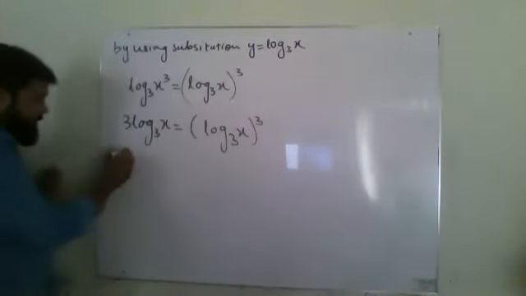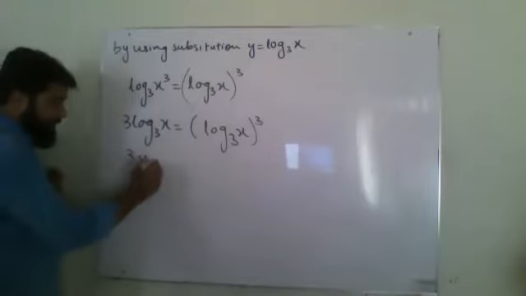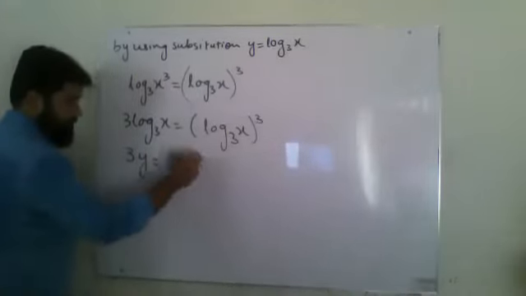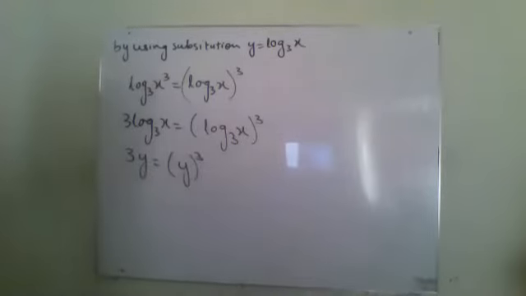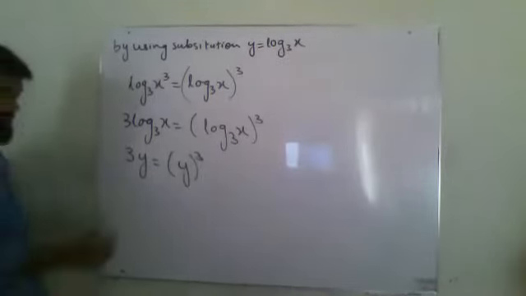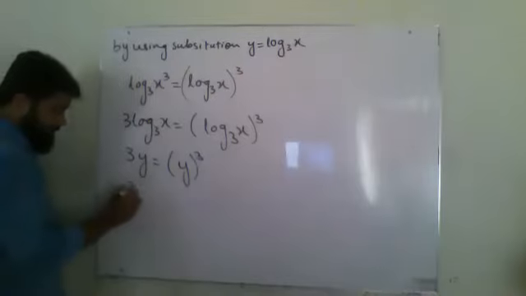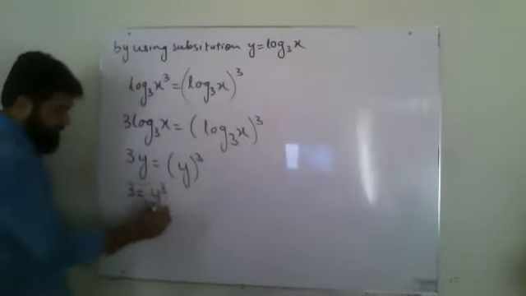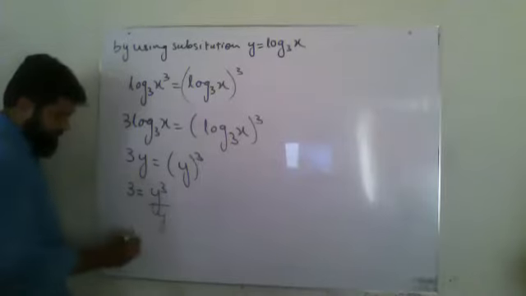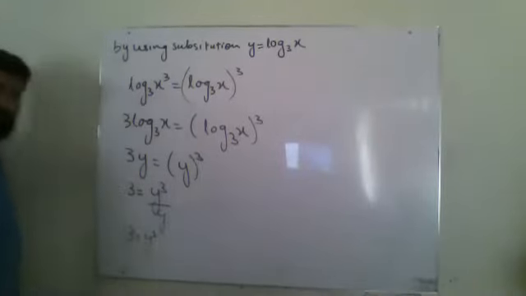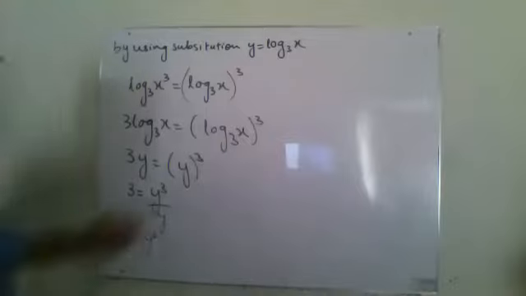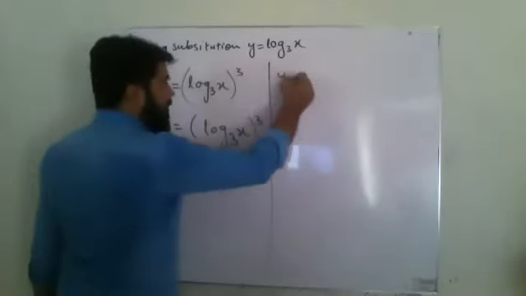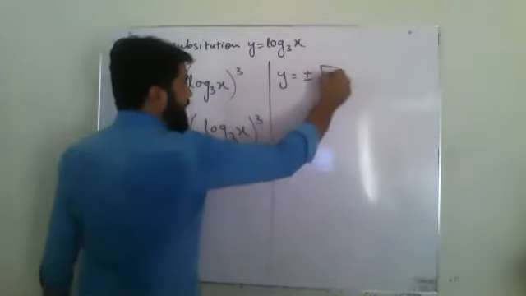So this will become 3y equals y cube. Next, 3 equals y cube over y, which means it will become 3 equals y squared. Taking root on both sides, my result will be y equals plus minus under root 3.